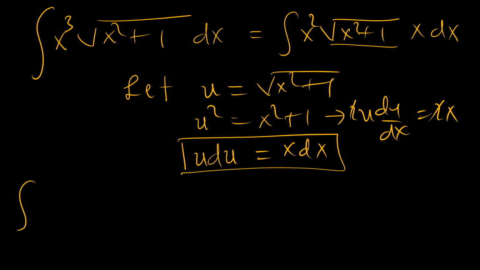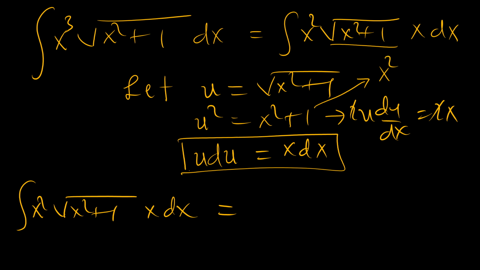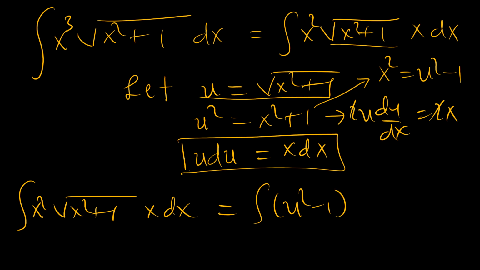So in other words, x squared plus 1 times x dx is equal to, from here I clearly see that x squared is equal to u squared minus 1. So I would say my integral is u squared minus 1. And then from here I see the square root of x squared plus 1 is u. And then I see that x dx is the same as u du, right?